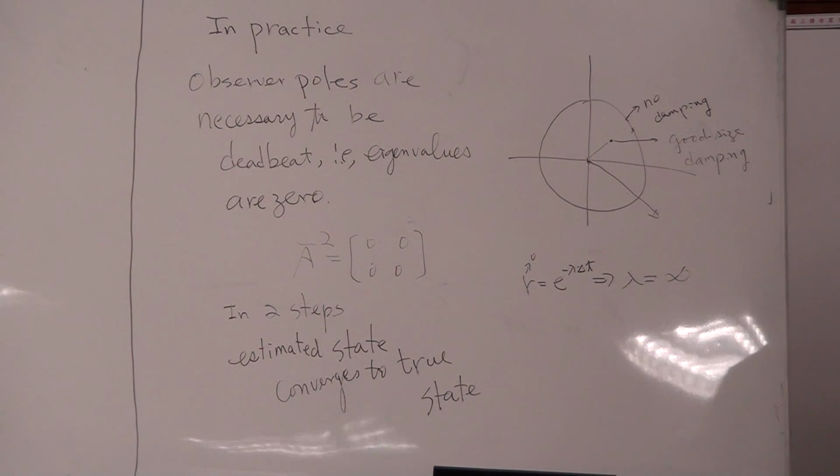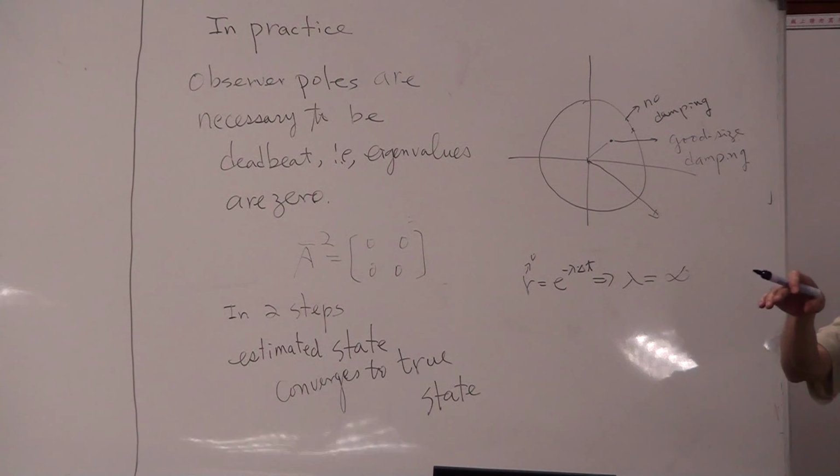And that's good, because we need what? We need this hat and that hat to be the true one. Because if they are the true ones, that means our closed-loop control is approaching our desired closed-loop system.